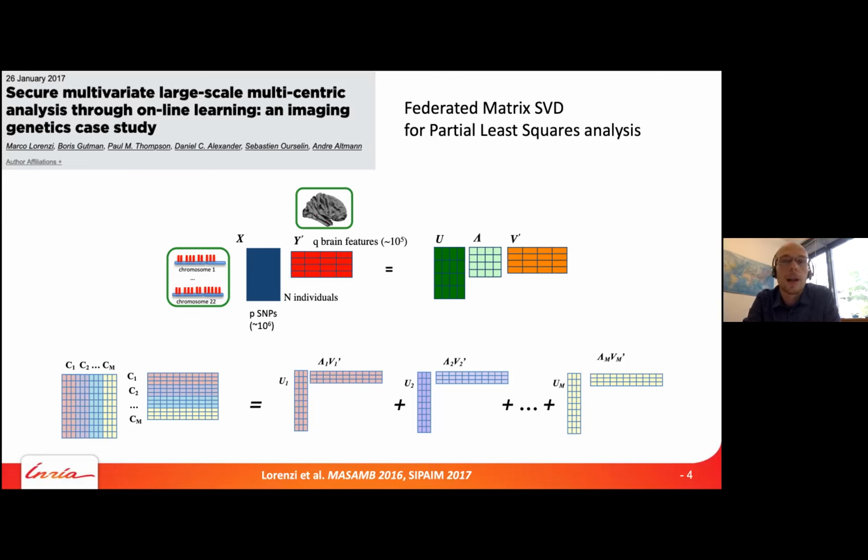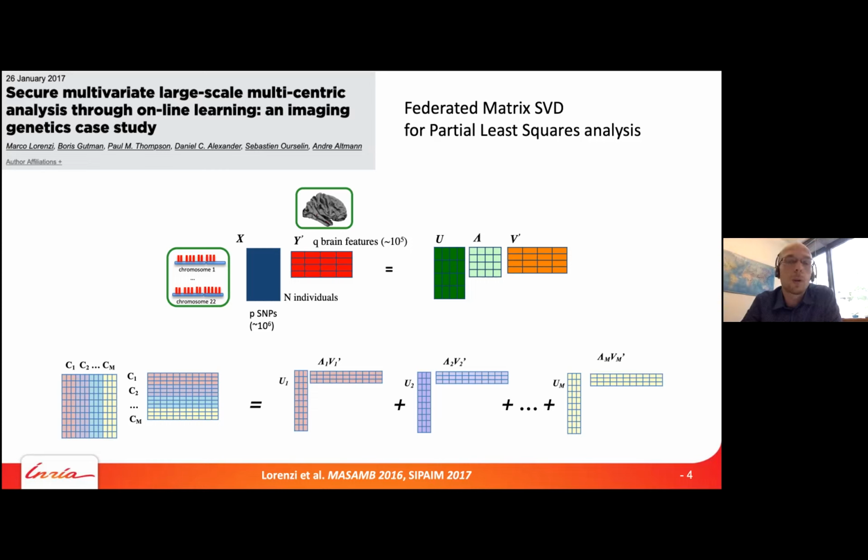For example, ENIGMA, which is this large consortium of hospitals that share data for imaging genetic studies. So there was this problem of multivariate studies with brain imaging and genetic features. And so, how to deploy a multivariate analysis model in centers that cannot share their data. And we came up with this simple approach.